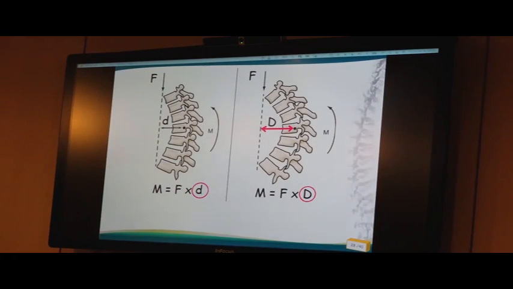And if you have a kyphosis, an increase in kyphosis, your distance will be increased. And if that increases, your bending moment increases. So when a deformity begins, it causes another deformity because of the increased distance to the instantaneous axis of rotation.